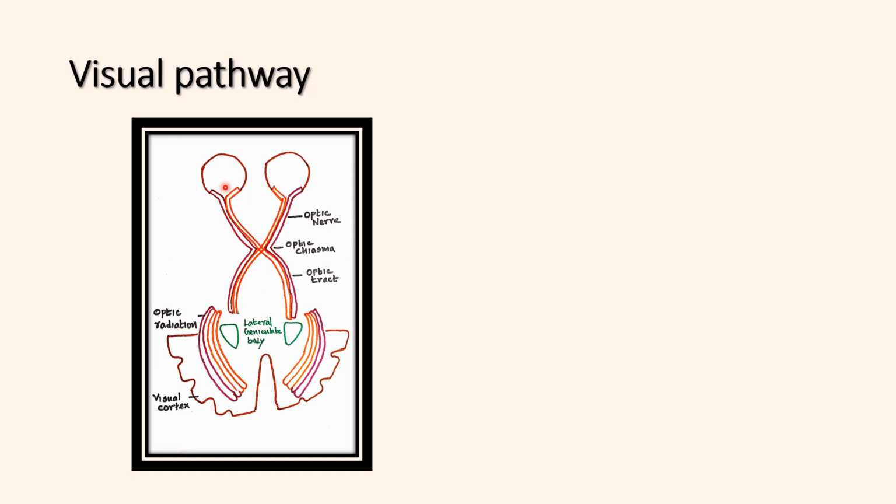The left eye receives light from the left visual field. The temporal retina receives from the nasal visual field. The nasal retina receives from the temporal visual field. So the opposite side visual field gets the light.